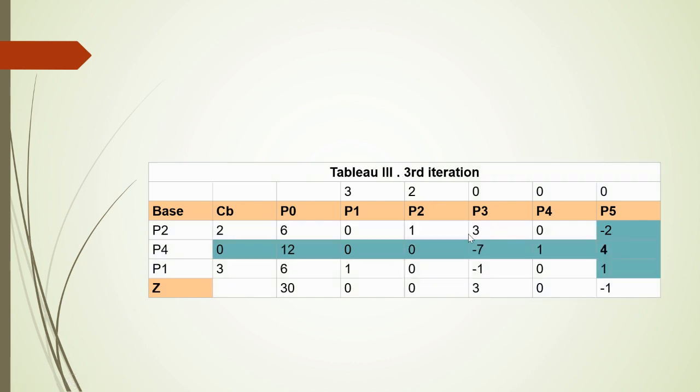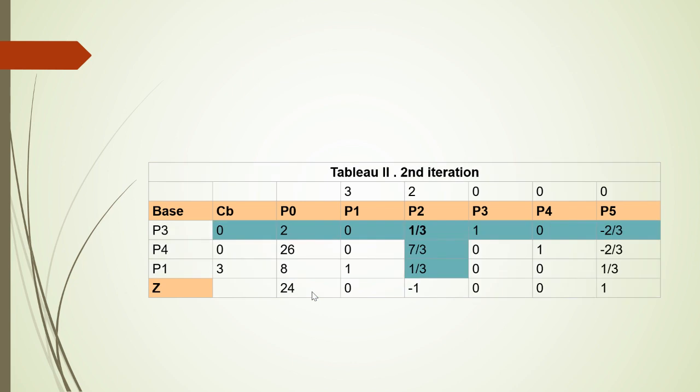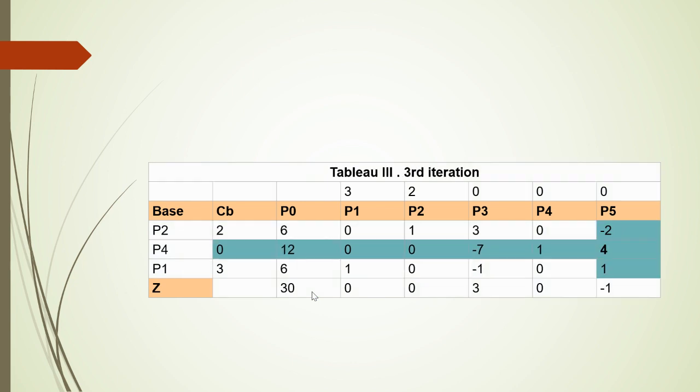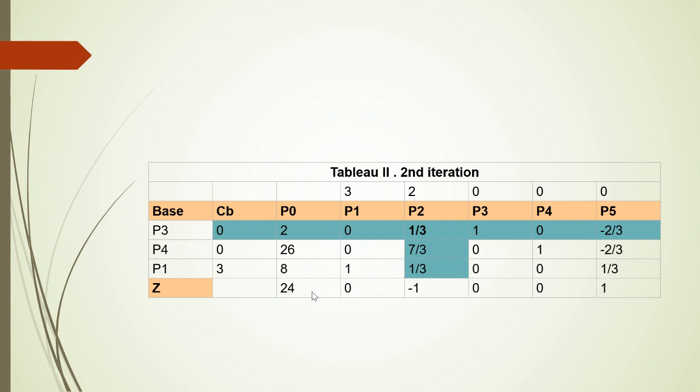And after solving, we get a new table. Here 2, 0, 1 by 3, 1, 0, these are the pivot row elements.